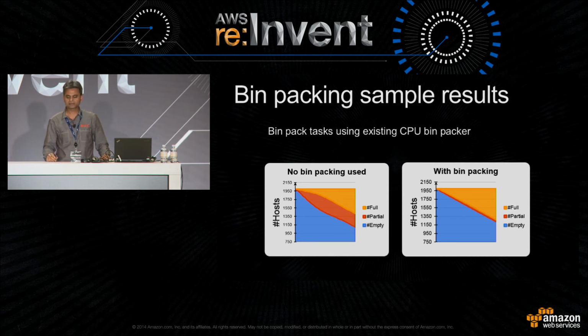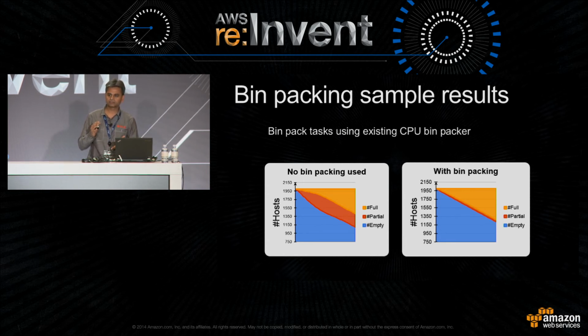When we used bin packing, the number of instances that were partially used was very close to 0. Now, what this means is that, first of all, there's more instances that are empty. So I can achieve scale down quickly and use fewer instances. And so this is one way to do CPU bin packing.